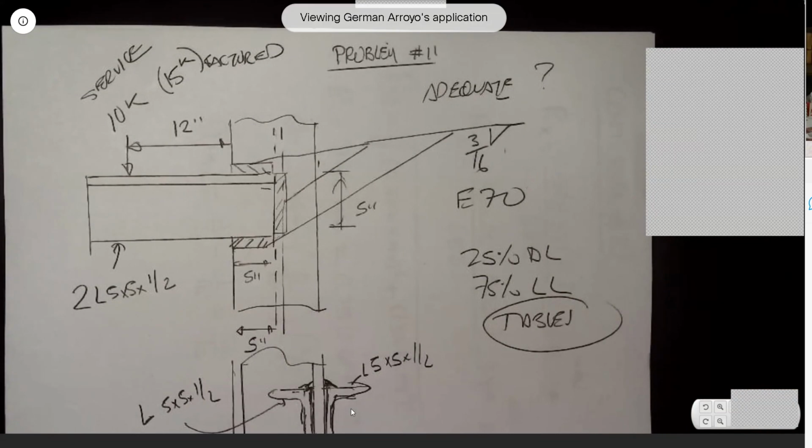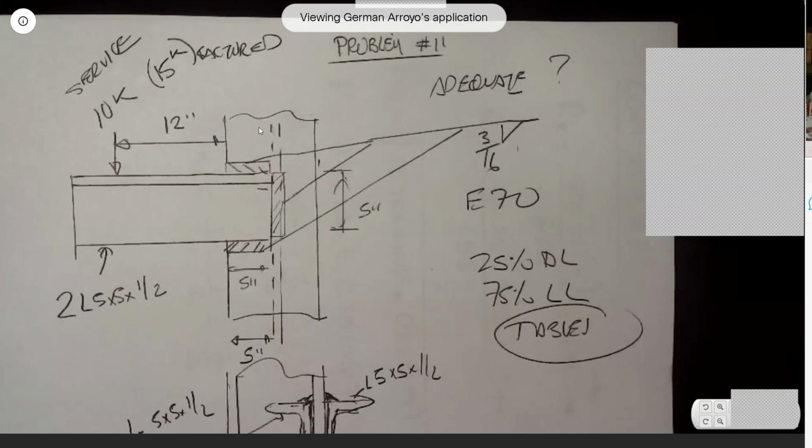I just want to point something out about this problem. Sometimes it's very difficult to see how the problem looks like. It's obvious that this is a column, a Y flange, and in here we have two angles, 5 by 5 by half an inch, given.